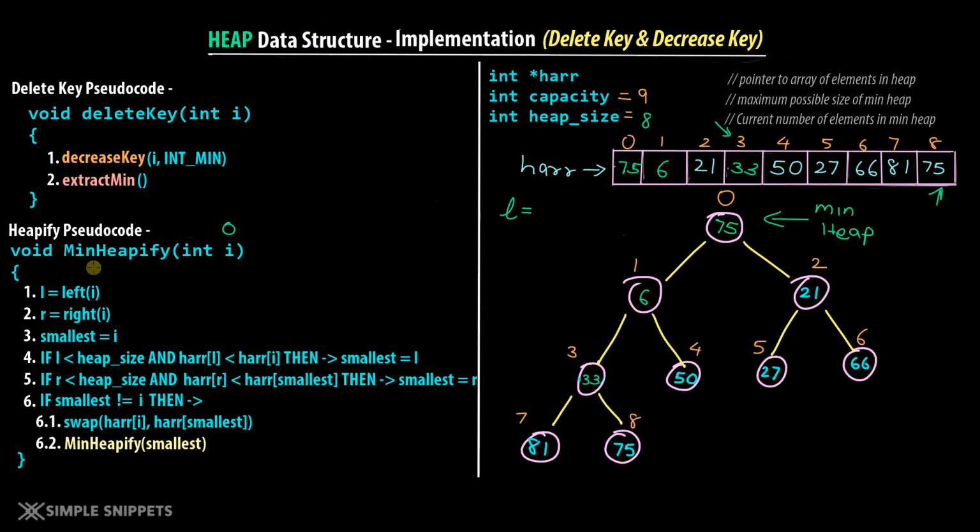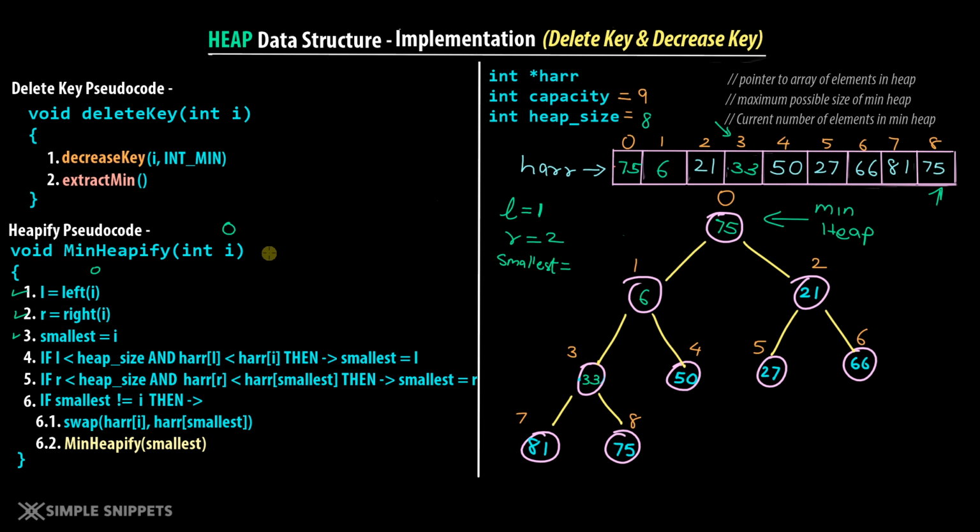Who's the left of 0? It is 1. So L will become 1, we'll get index position 1. Then at step 2 we are saying R equals right of I. We'll get index position 2. I hope you know the left and right functions are again user defined functions. They are simple formulas to give the left and right child index positions. Then at step 3 we say smallest equals I.